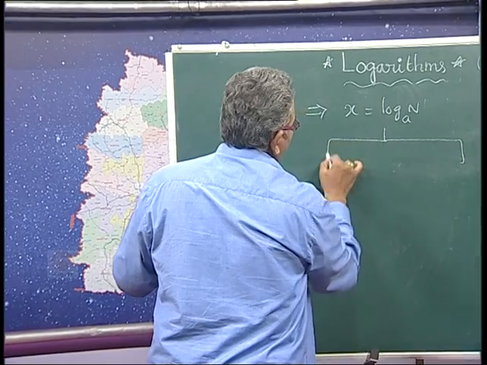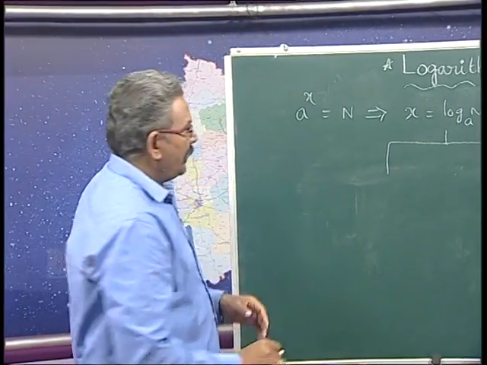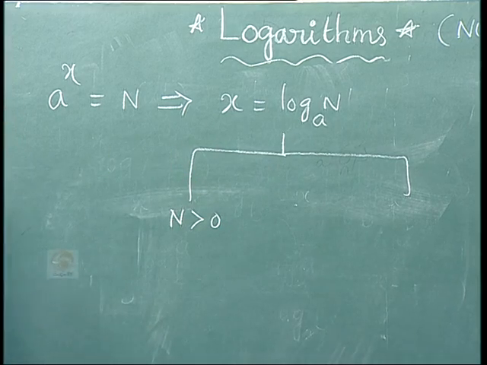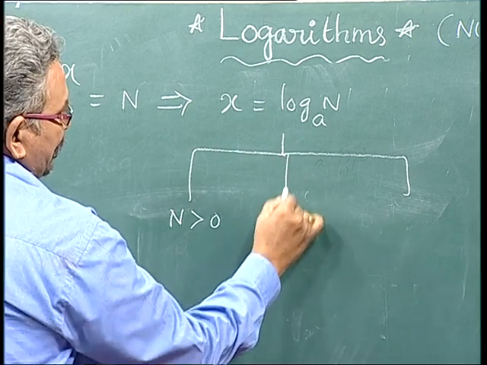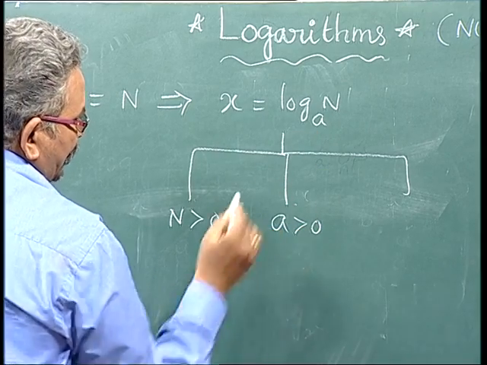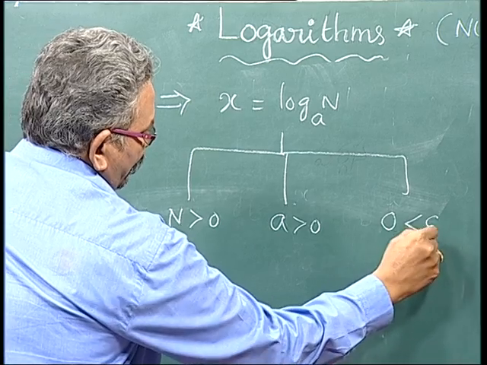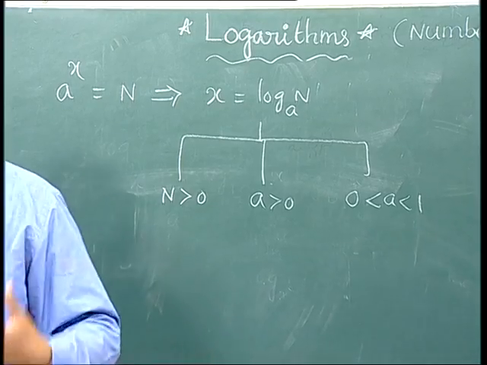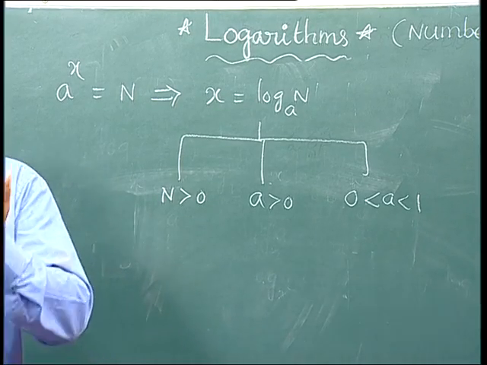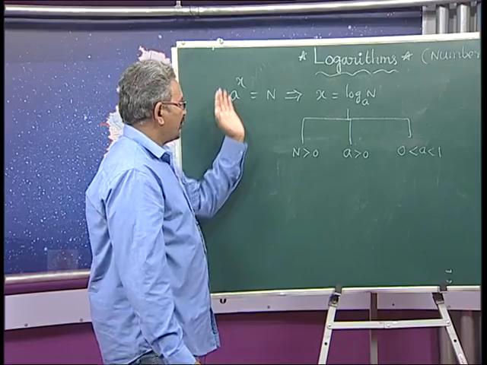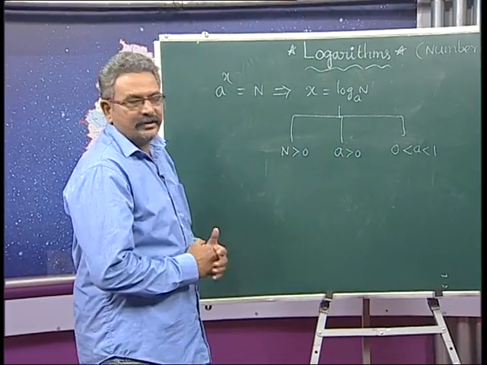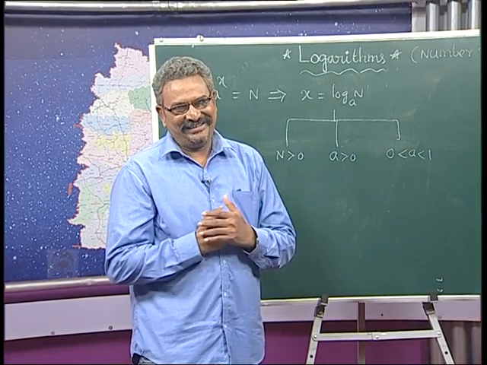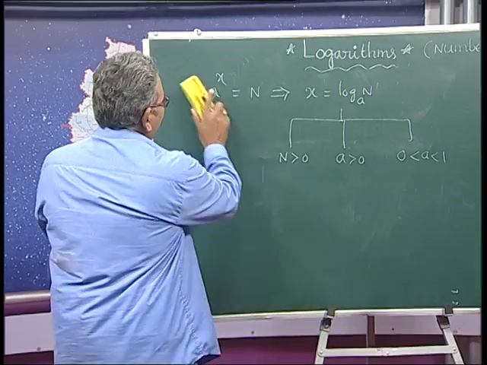Here n must be greater than 0, a positive number, and this base a must be greater than 0, a not equal to 1, or 0 less than a less than 1. These conditions are to be followed to define a logarithmic function from an exponential function. That means logarithmic functions are defined for positive numbers only.